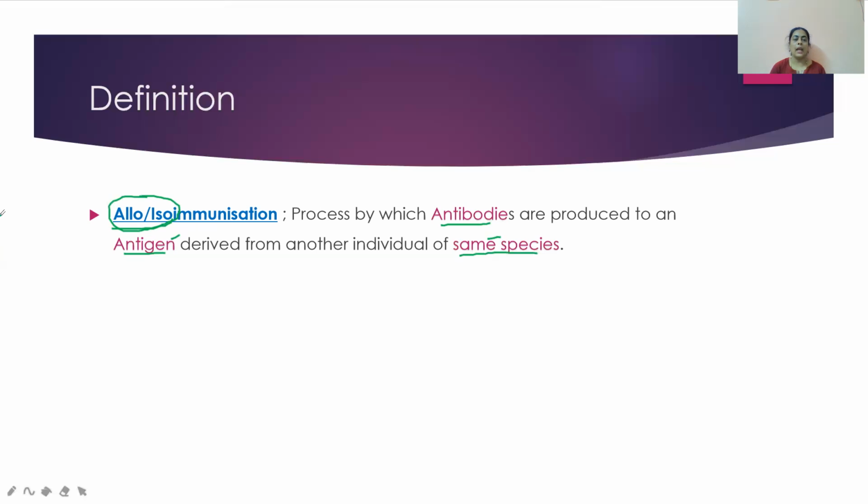Here it is to the antigen of an individual from the same species, which is why it is called allo or isoimmunization. In Rh incompatibility, who is producing the antibodies? Definitely the mother is producing antibodies against the antigen. Where is the antigen? The antigen is in the fetus. Which is the antigen? It is the D antigen.